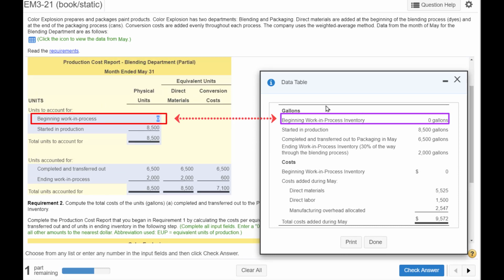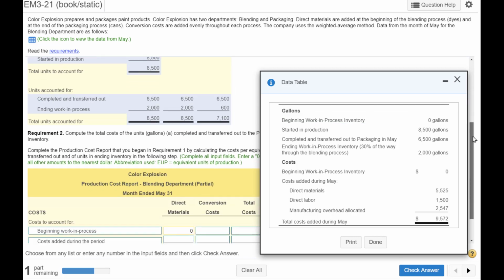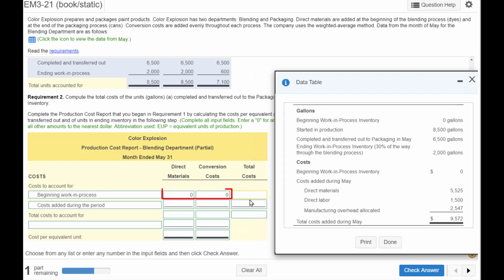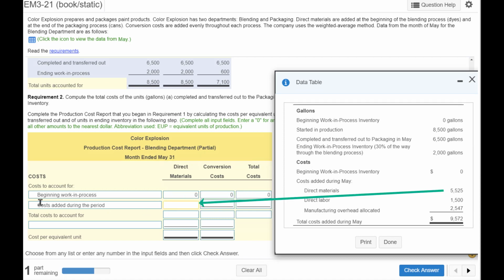There were none. There were no gallons work in process. So the costs are 0. Next, we've got to fill in the costs for conversion costs and the total costs. Again, this is 0 because for the beginning work in process, they're all 0.